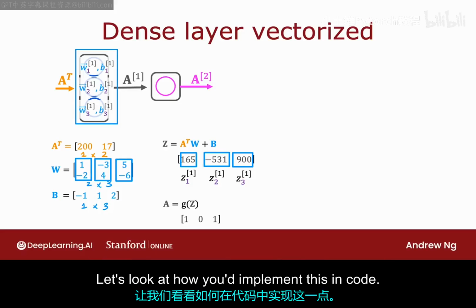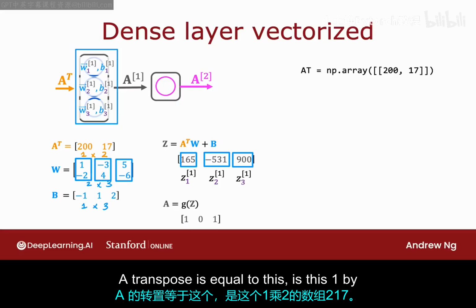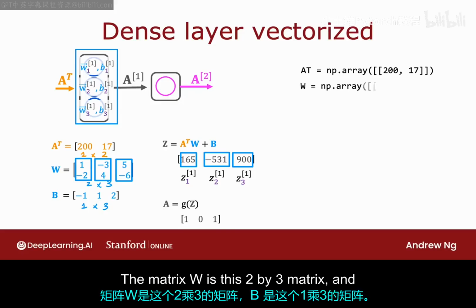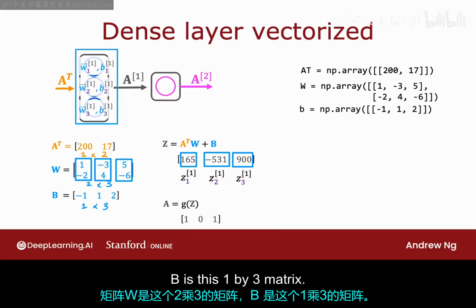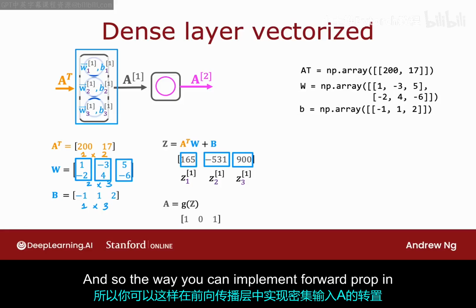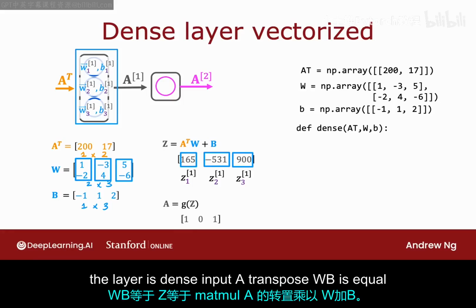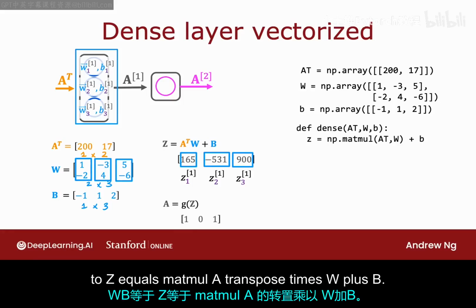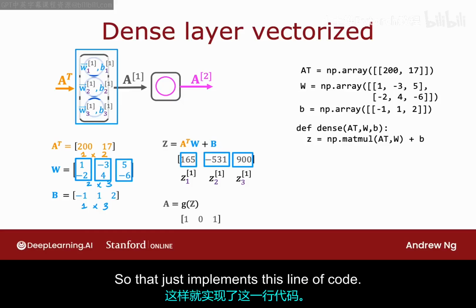Let's look at how you implement this in code. A transpose is equal to this 1x2 array of 200, 17. The matrix W is this 2x3 matrix, and B is this 1x3 matrix. And so the way you can implement forward prop in a layer is dense(A_in, W, B): Z equals matmul of A transpose times W plus B. So that just implements this line of code.